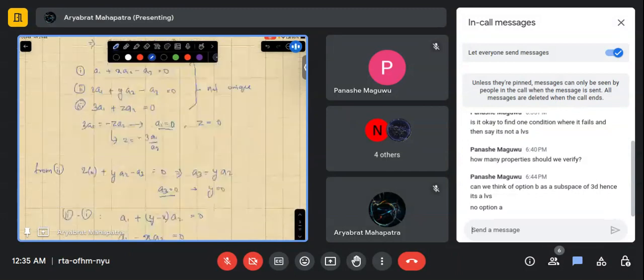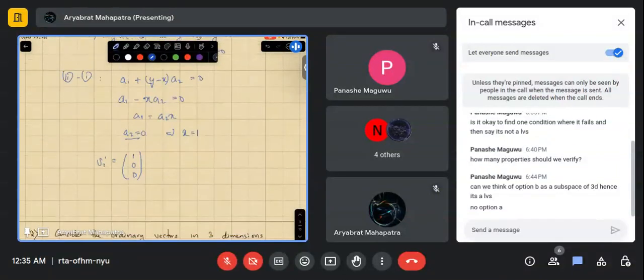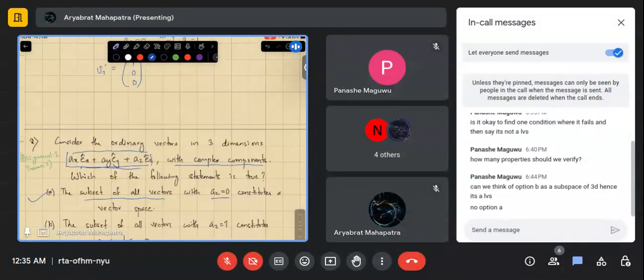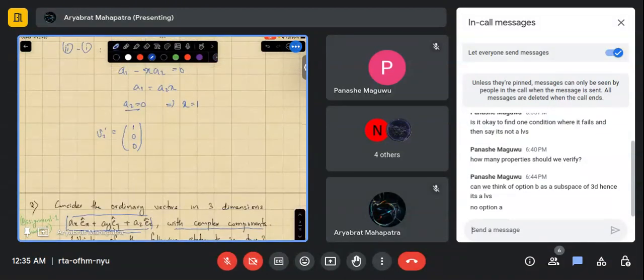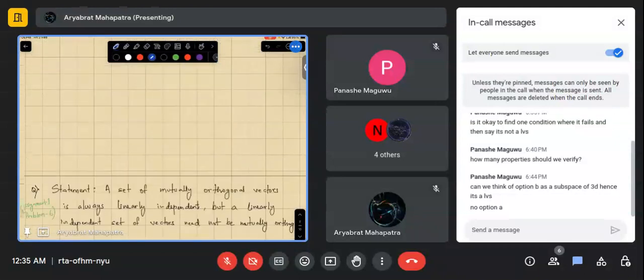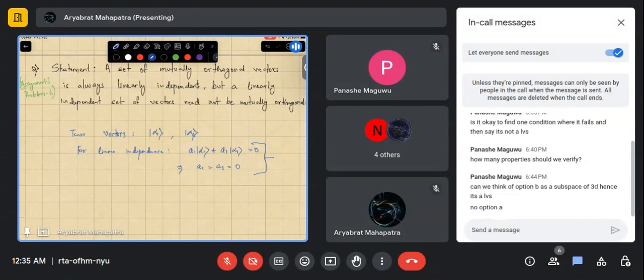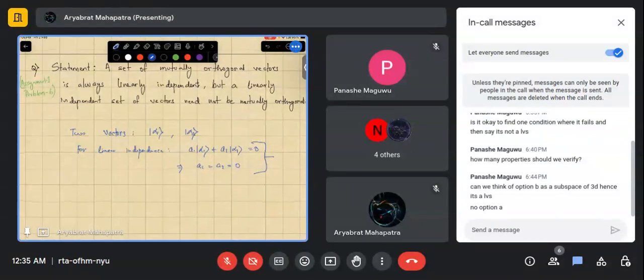So that gives you an idea: linear independence need not mean orthogonal. Two linearly independent vectors need not be orthogonal. Here, alpha 1 and alpha 2 may be linearly independent, but need not be orthogonal.